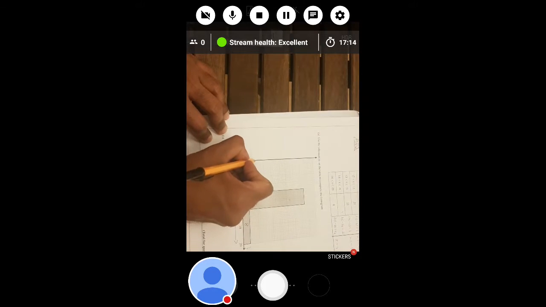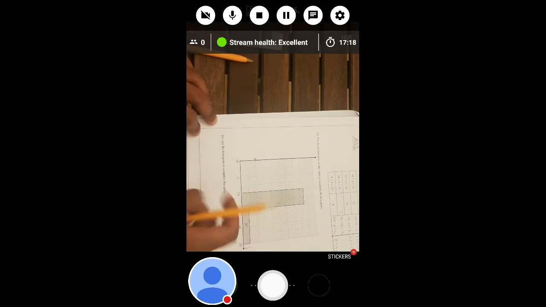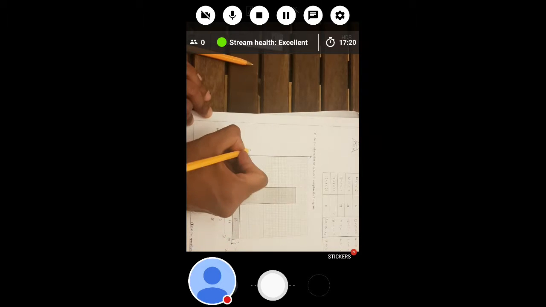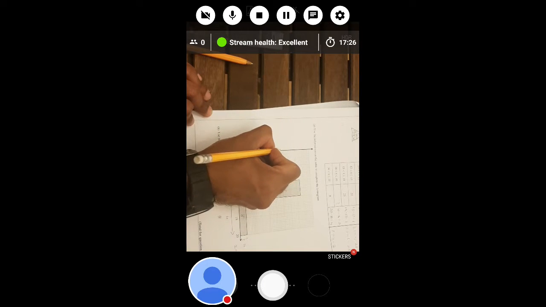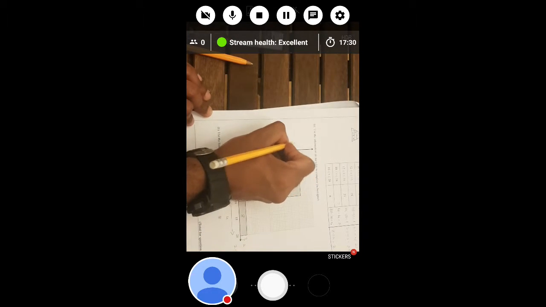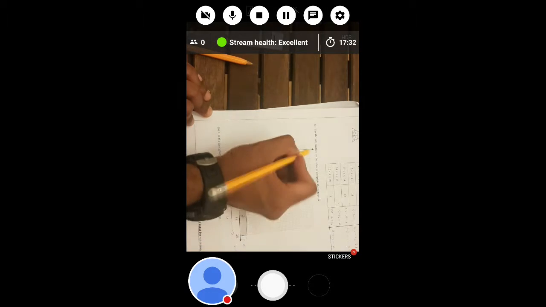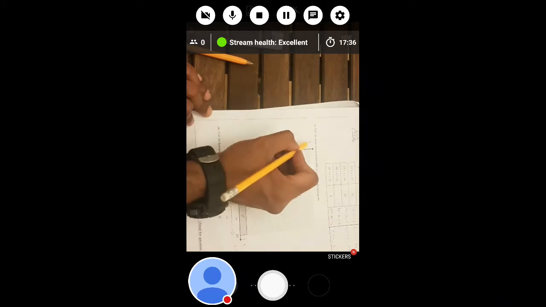So 10 of these, you do it in pencil so if I make a mistake, I can rub it off. That's 5, 10, 15, 20, and that one will be 25.